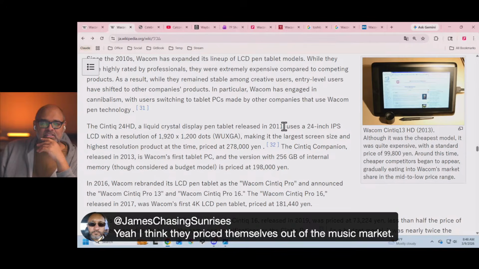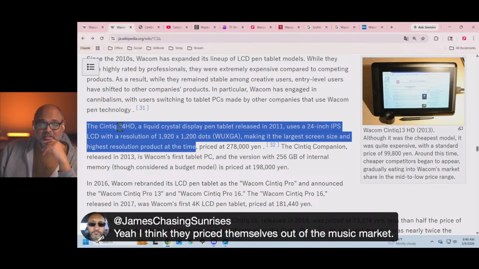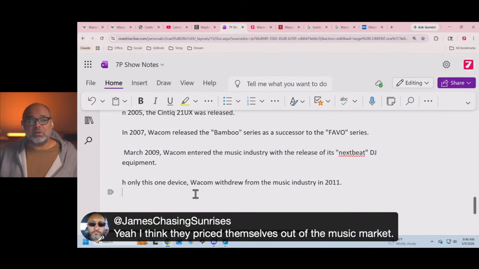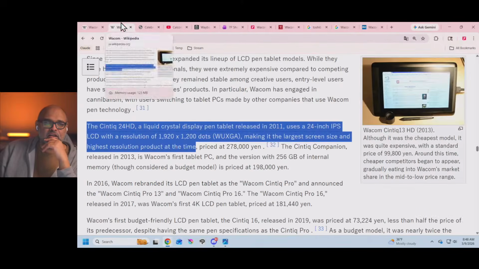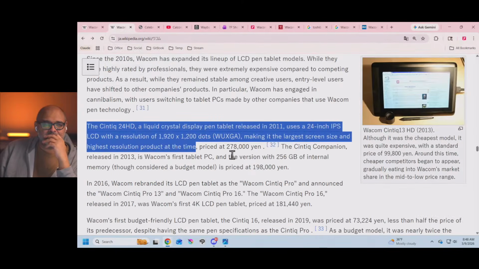Cintiq 24 released in 2011, making it the largest screen size at the time and the highest resolution product at the time. Oh, it's just HD, by the way. HD back then. I'm gonna make a really pretty timeline with all this and add more. But it's good just to walk through this.